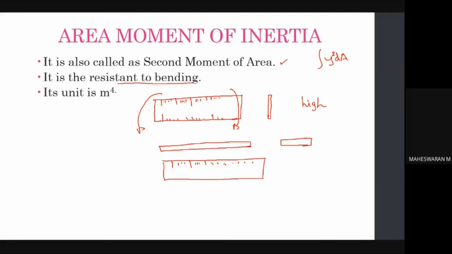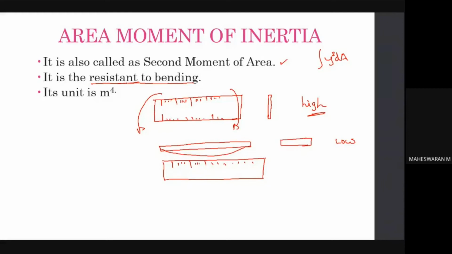Now you apply the force. You can see that your scale is bending. Easily it will bend, right? Which means your moment of inertia is low. Higher moment of inertia gives resistance to your bending, right? Higher moment of inertia will give resistance to your bending.